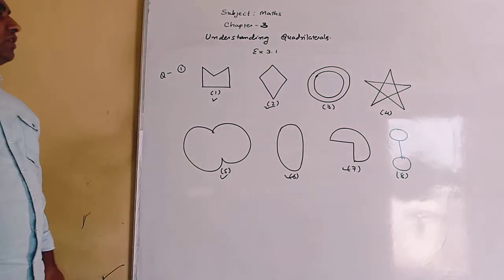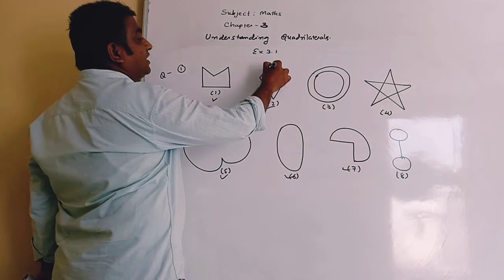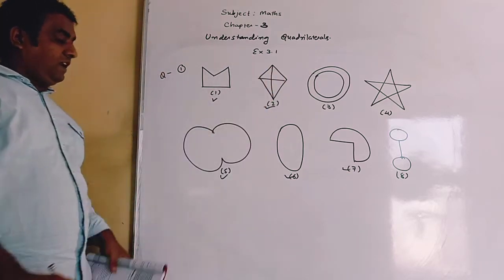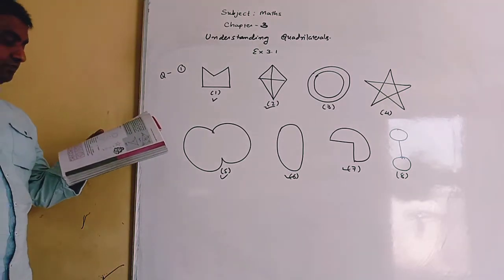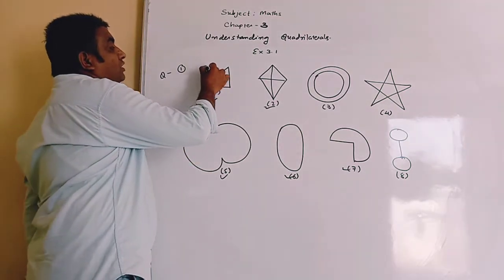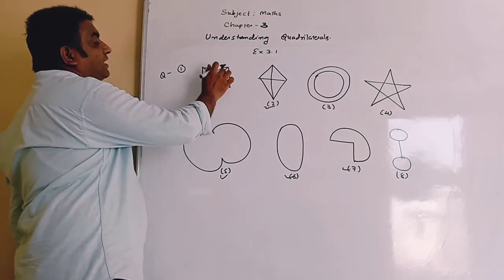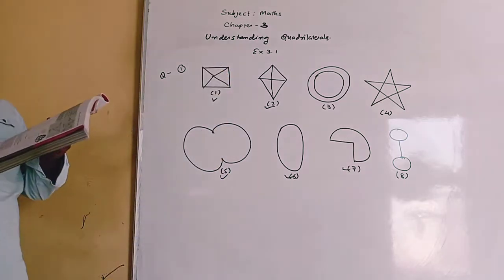Now convex polygon. Convex polygon means the diagonals intersect inside, so 2 only. And the concave polygon. Here the diagonals do not intersect each other, so we can say that this is a concave polygon.